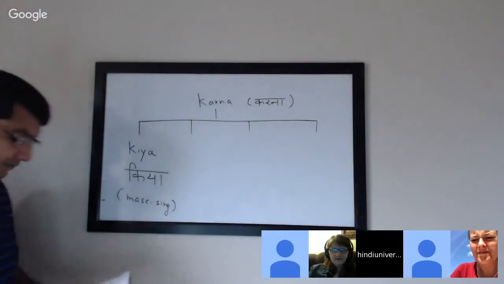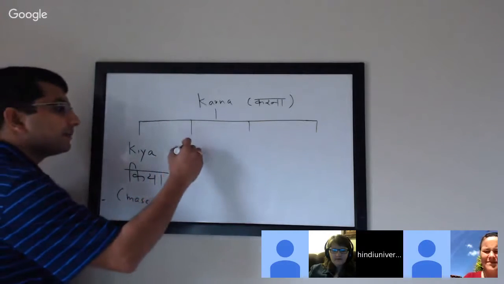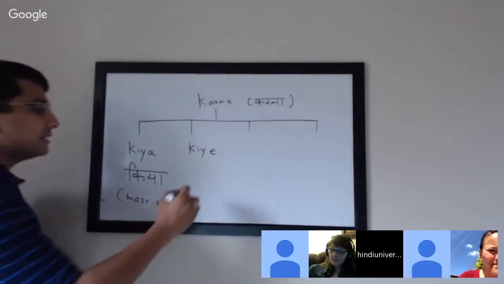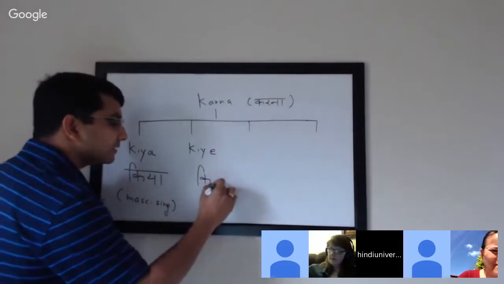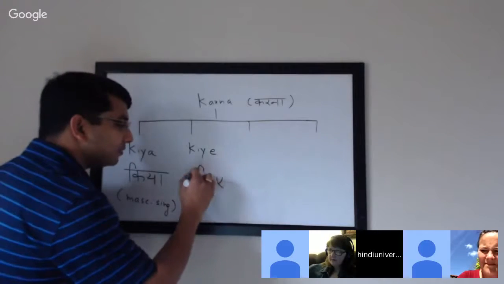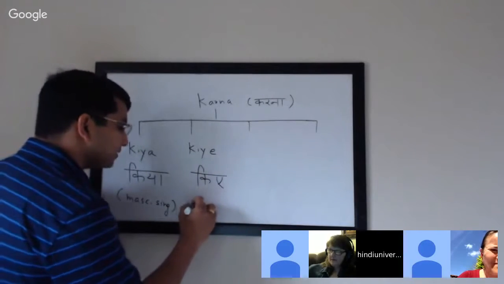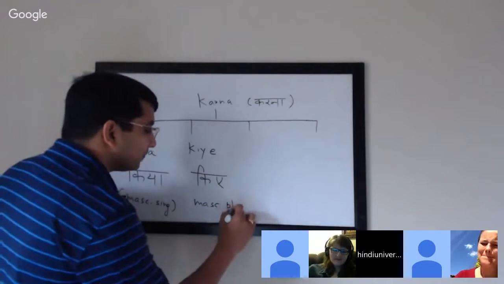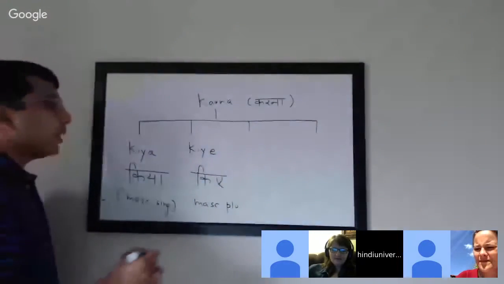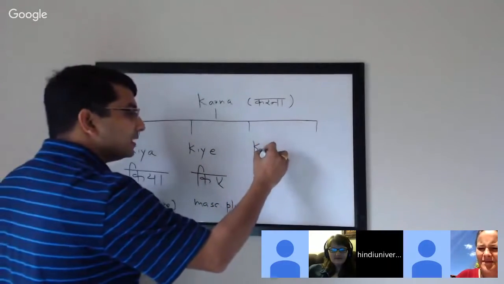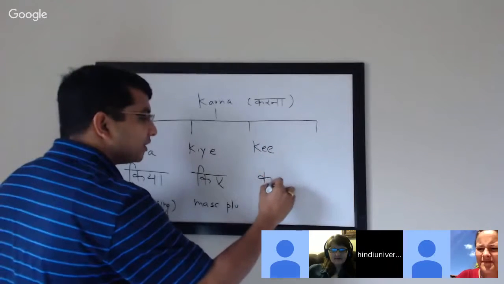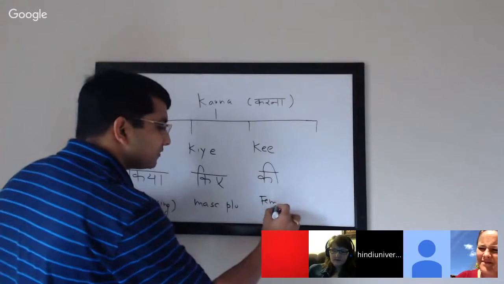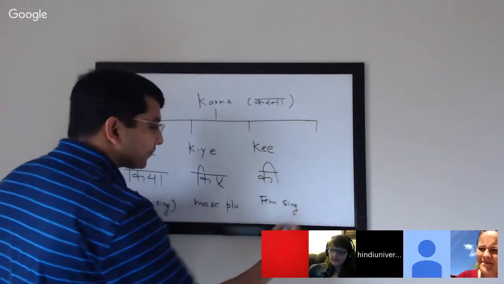The second one that we have is kiye. You write it in Devanagari with a half e, a small e, and then a, and it is used whenever your subject or noun is masculine, plural. Then you have ki, which you write with a k and a bada e, and you use it whenever your subject or noun is feminine, singular.